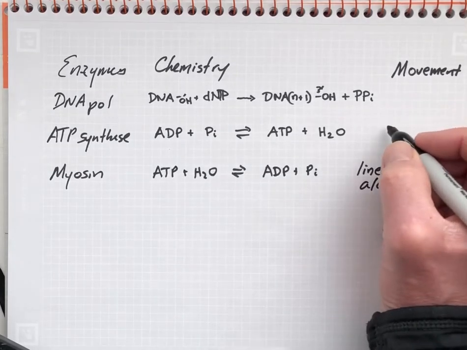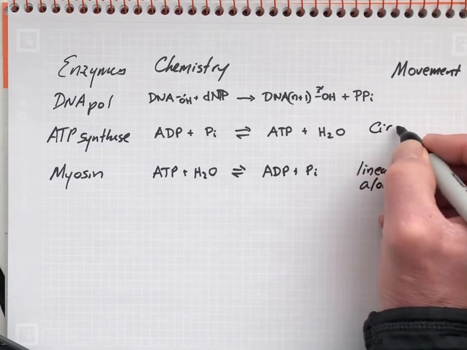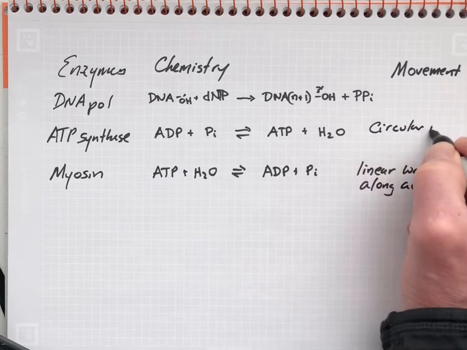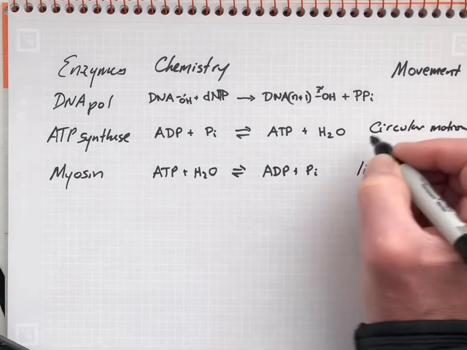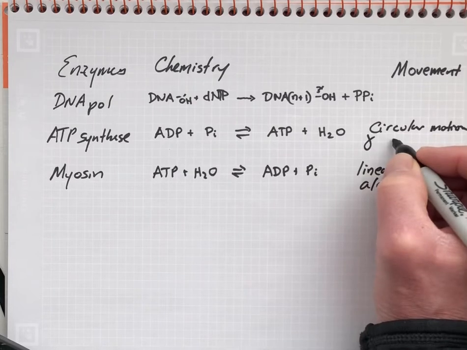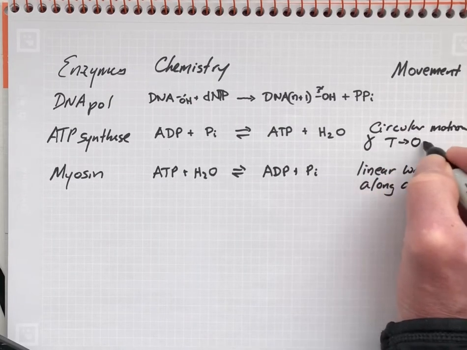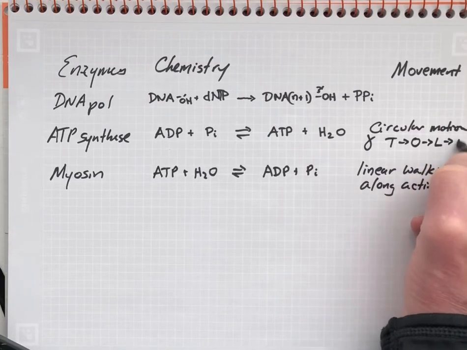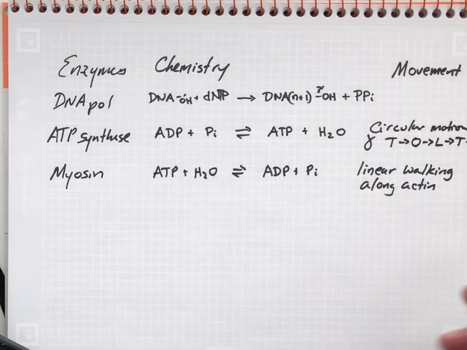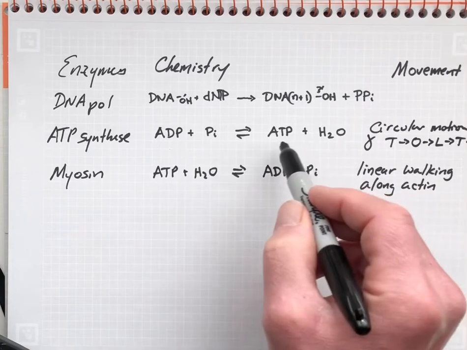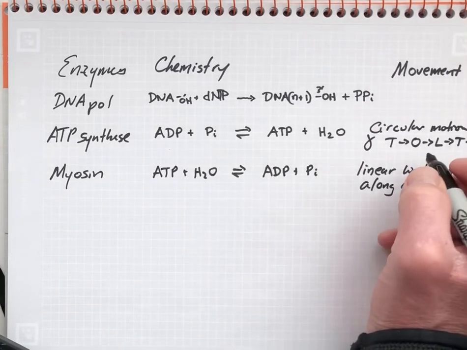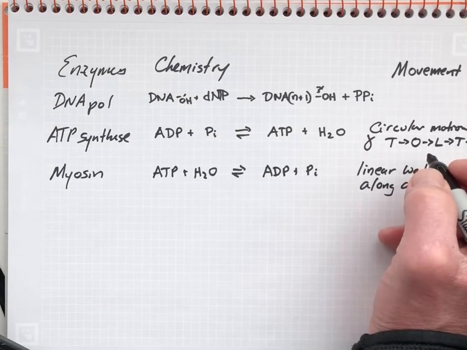For ATP synthase, the movement is a circular motion. Circular motion of the gamma subunit, which drives these transitions, L, T, O. And that drives the release of the ATP from the beta subunit in ATP synthase.